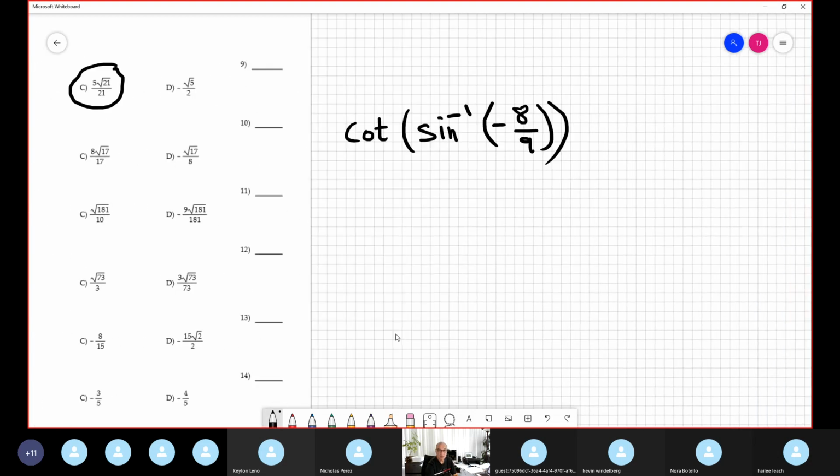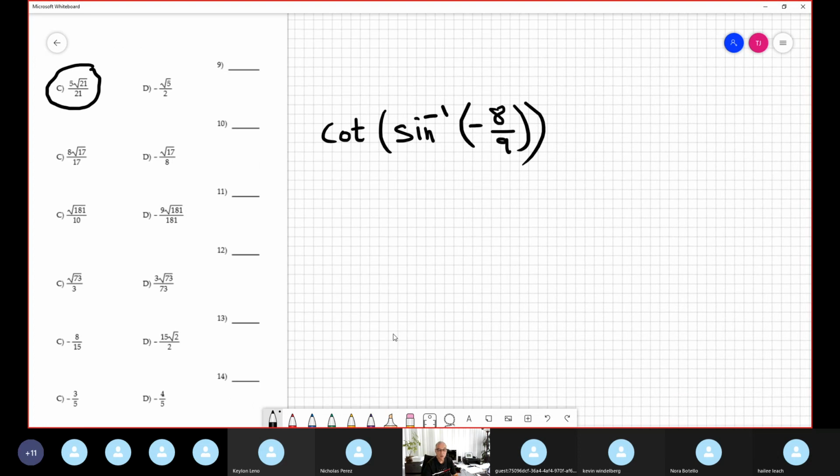I am doing first of all the trigonometric function inside this parenthesis. I call it theta because I know that the result of this is an angle. So now I know the sine inverse of -8/9 is equal to theta.